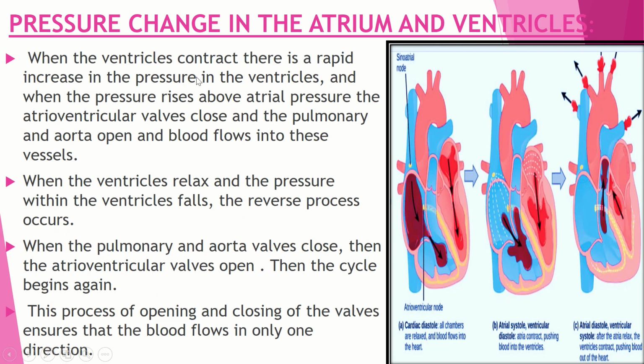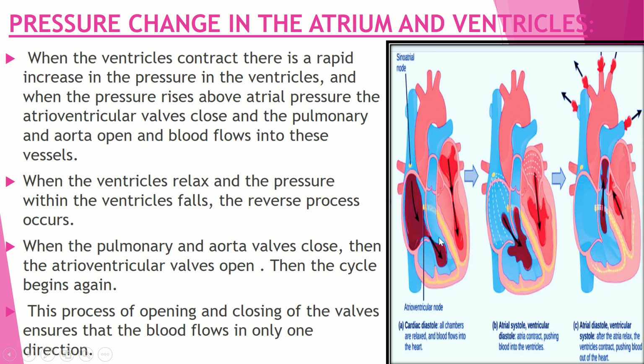So now, pressure change in the atrium and the ventricle. What is the pressure that happens inside the heart? When the ventricle contracts, there is a rapid increase in the pressure in the ventricles, and when the pressure rises above the atrial pressure, the atrioventricular valves close and the pulmonary and the aorta valves open, and the blood flows in these vessels.